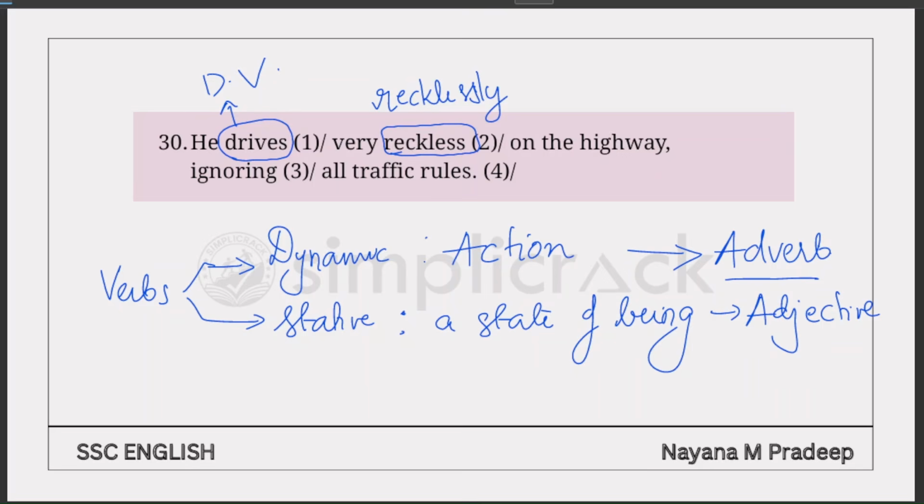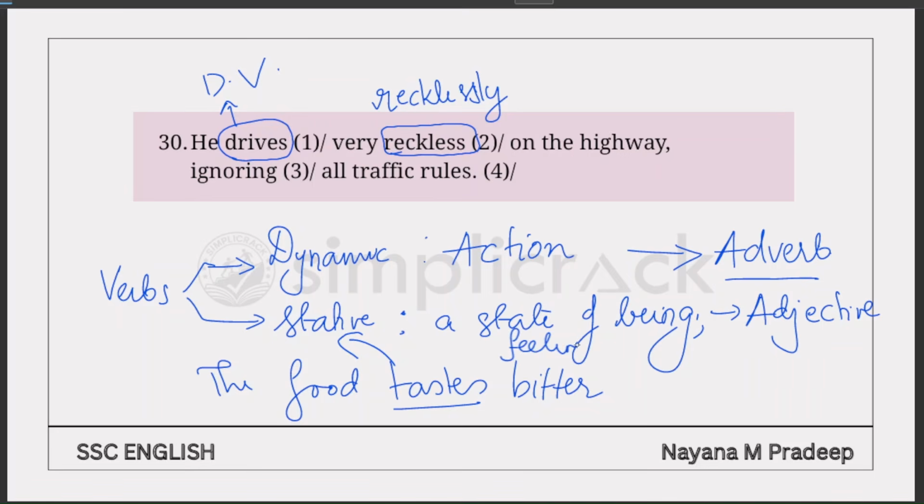Now, can you give me an example of a stative verb that uses an adjective? You can say, the food tastes bitter. Here, taste is a stative verb. It tells you a state of being, or rather a feeling or an emotion.